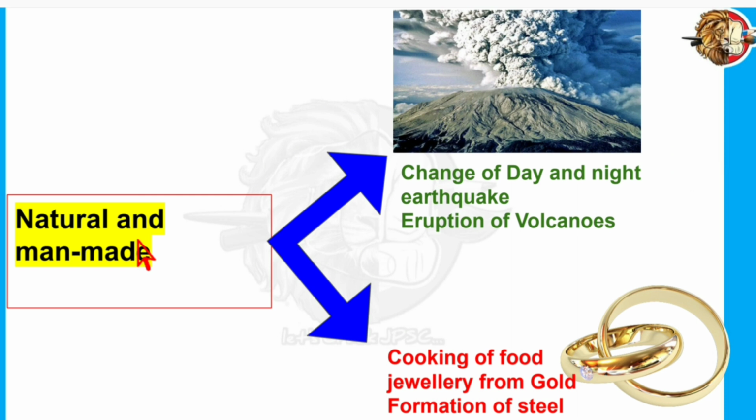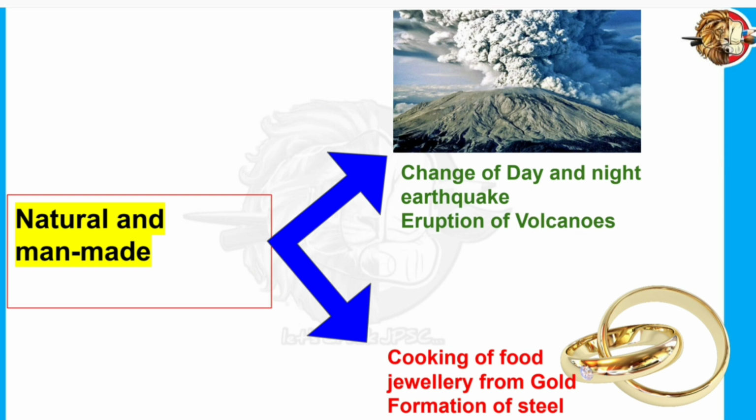Next we will see natural and man-made changes. Natural means it occurs naturally, and you will see here a picture of the eruption of volcanoes. This is a natural process. Change of day and night is also a natural process, and earthquake is also a natural process.